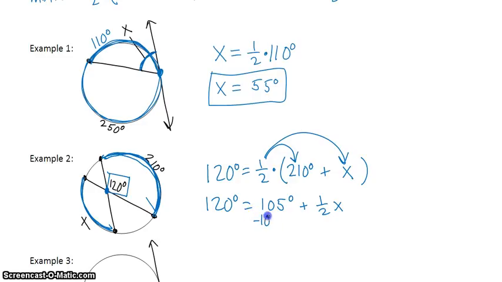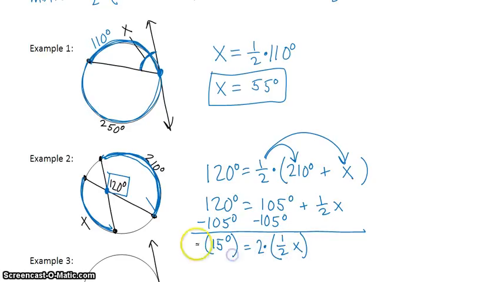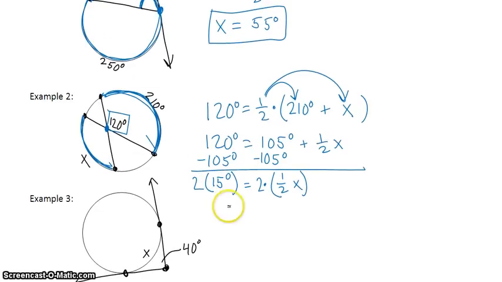Undo what's happening to x. To undo 1/2 times x, I'm going to multiply both sides of my equation by 2. My final answer is x equals 30 degrees.